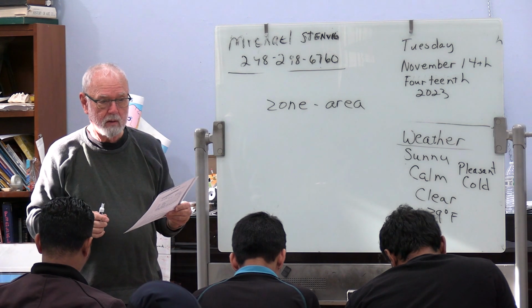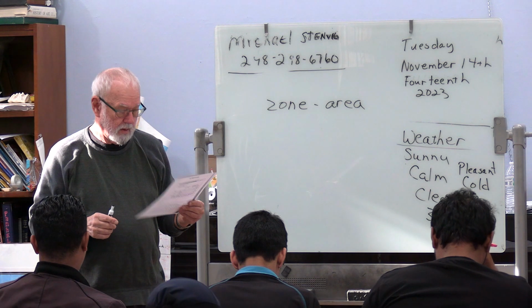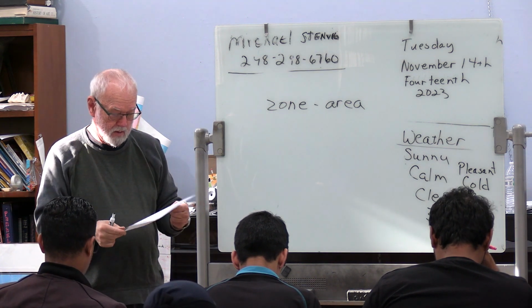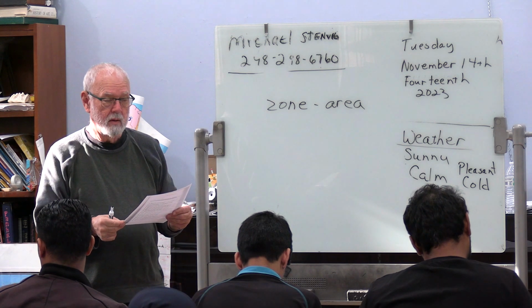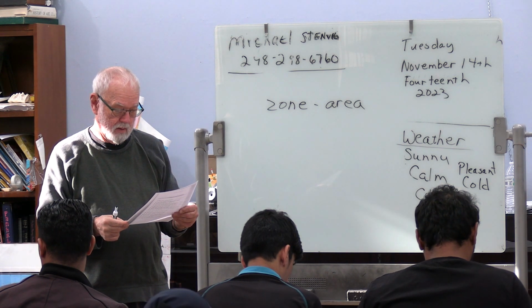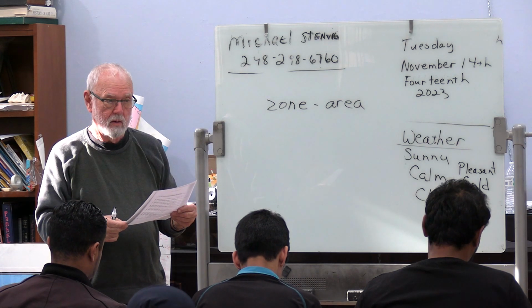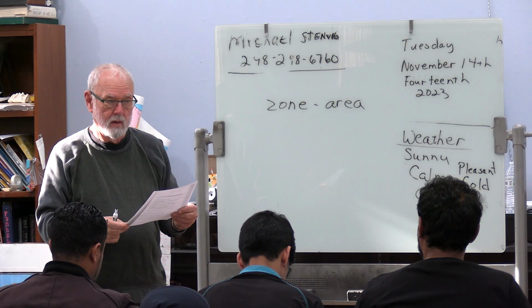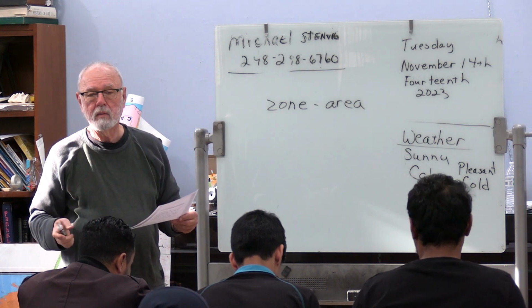Number 14, who is next? Sala, what is the total due? $78.07. Okay.